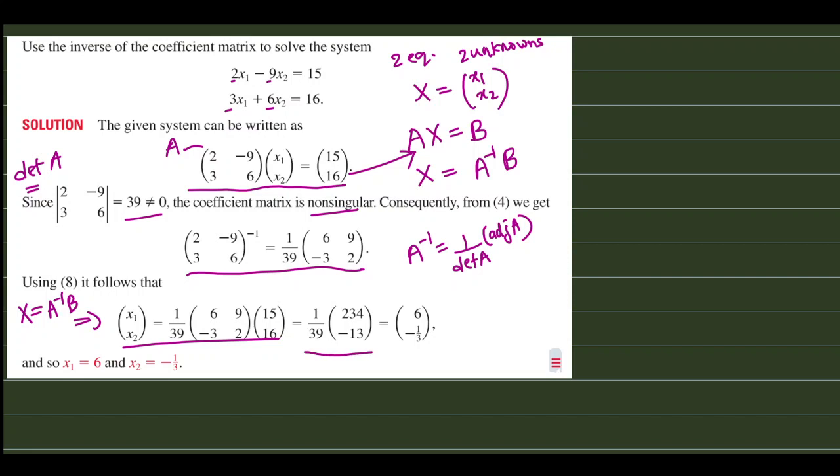With further simplification, it will give you 6, minus 1 by 3. So this is our x1 and this is x2. So we got the values x1 equal to 6 and x2 equal to minus 1 by 3. So we have solved this system of equations using the inverse of a matrix.